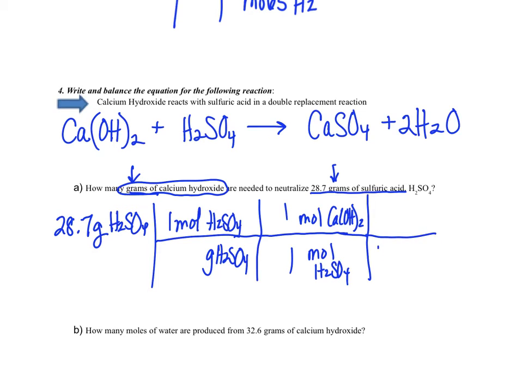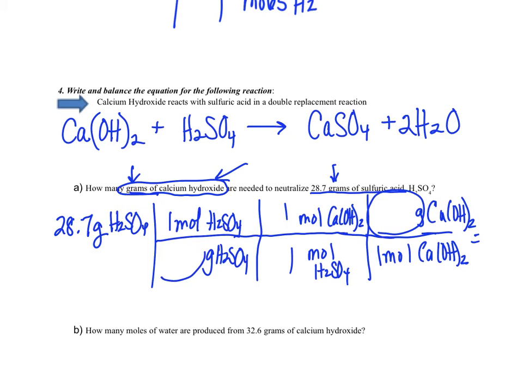Again, it's a molar mass, so 1 mole of calcium hydroxide, and then grams of calcium hydroxide would go up here because that's what they're looking for. So you would plug in this number and this number, and then you can do the math.